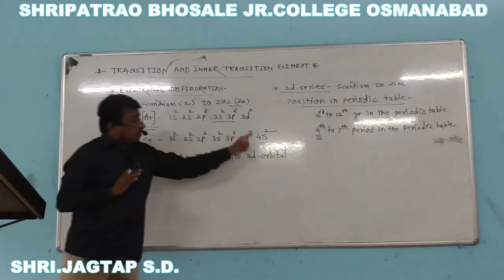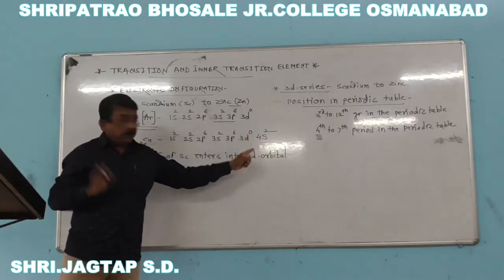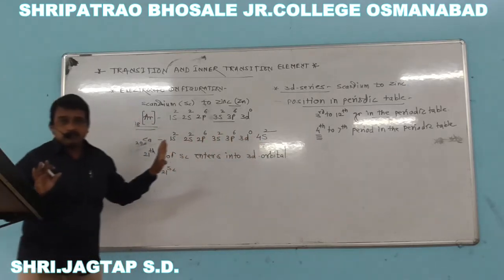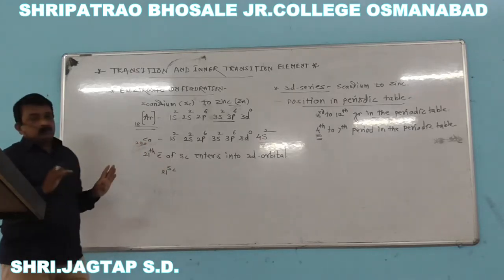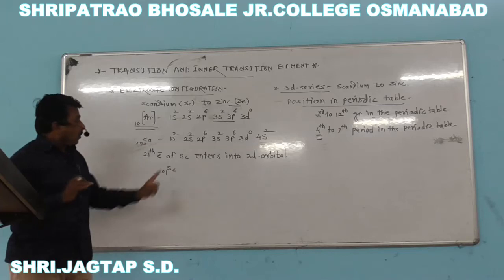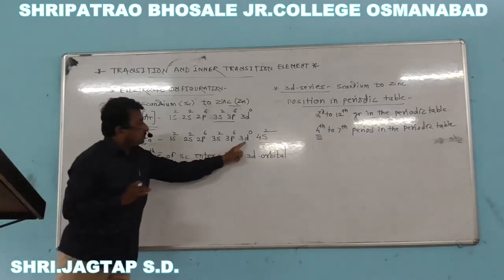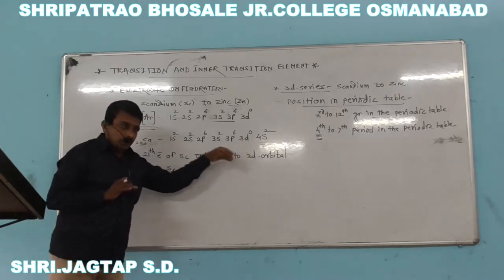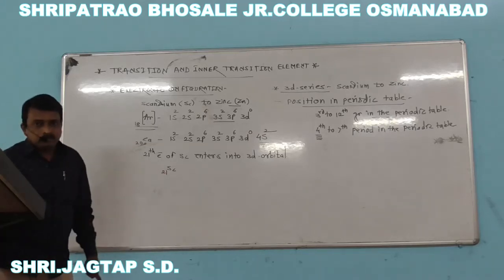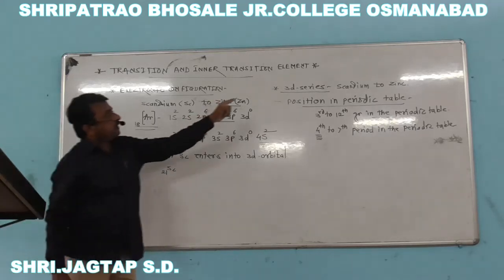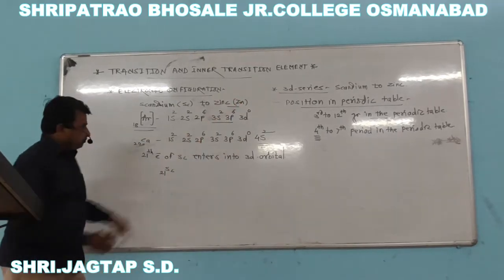The capacity of the s orbital is 2 electrons, so it is completely filled. So, the 21st electron of scandium enters the 3d orbital.